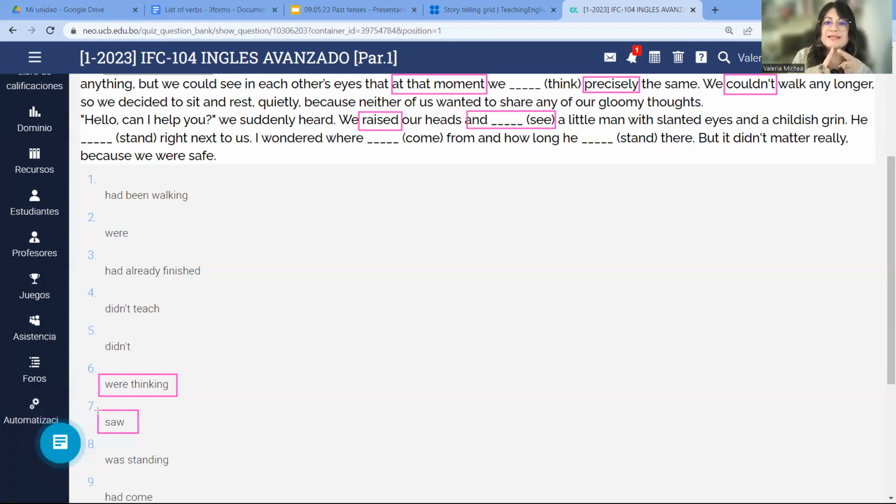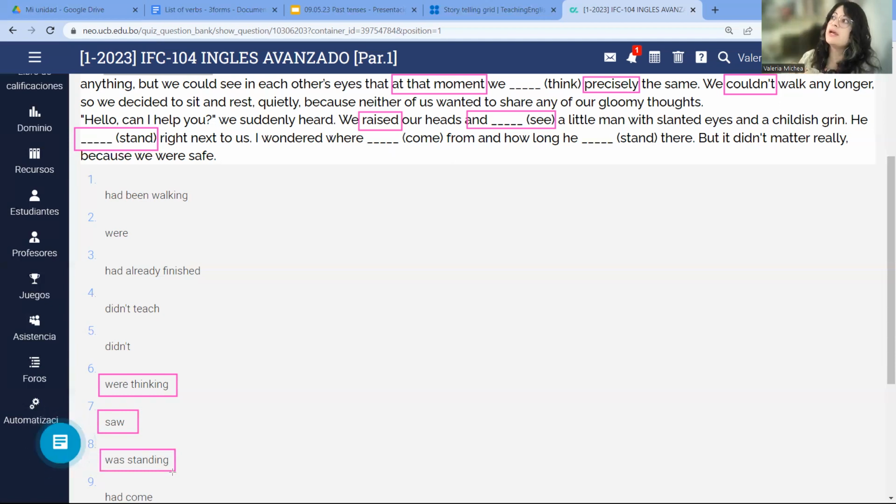I said we. It was a short action, but I want to make an emphasis that this lasted for a period, all right? So when he said hello, he was already there standing, all right? So I need to mention that this lasted for a period. That's why I would use he was standing. Let me say again. When he says, hello, can I help you? He was already standing there.